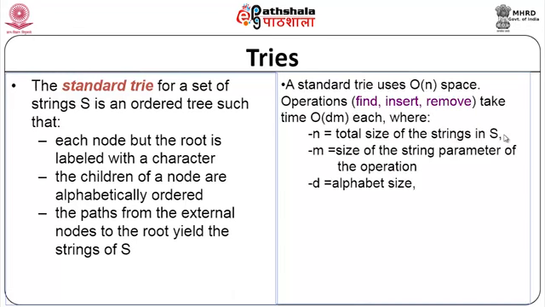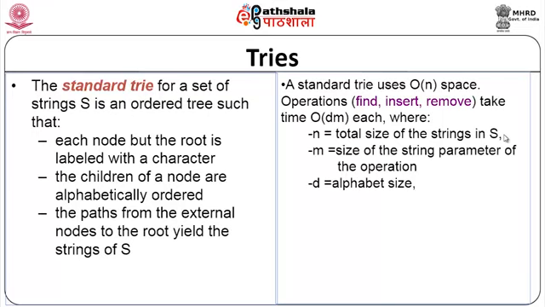Now, about the space requirement: a standard trie uses approximately order n space, where n is the total size of the strings in S. The operations are find, insert and remove. Typical operations on this data structure take order d times m time, where m is the size of the string parameter of the operation, that is, the number of characters in the string you want to find, and d is the alphabet size.